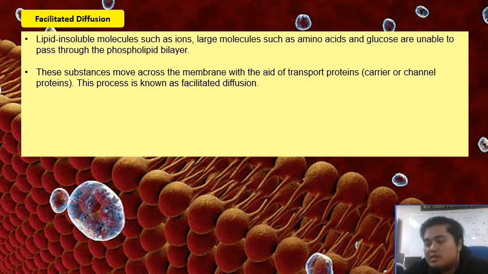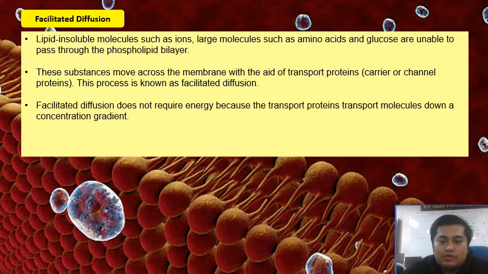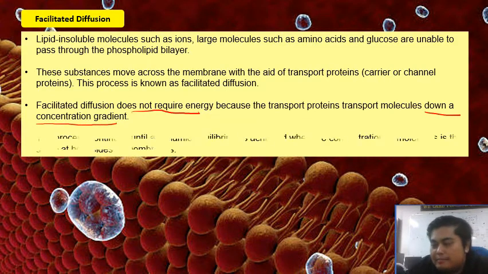So this process is known as facilitated diffusion. So facilitated diffusion does not require energy because the transport protein transports molecules down the concentration gradient. Okey, asalkan bila dia tidak menggunakan tenaga, dia adalah passive transport. Sebab itu dia masuk dalam passive transport dan dia kenalah menuruni kecerunan kepekatan.